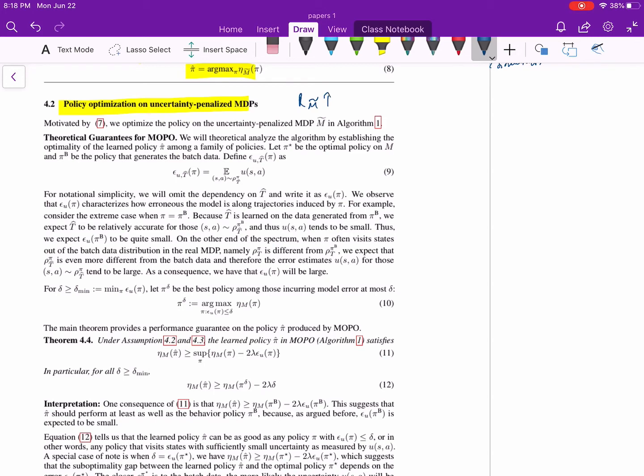So we will theoretically analyze. Okay, here is one typo. Let pi star be the optimal policy on M. For pi b, the error is defined in this way, so that directly uses the upper bound on the error.